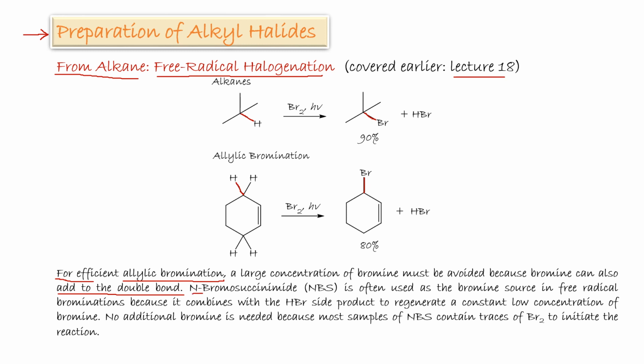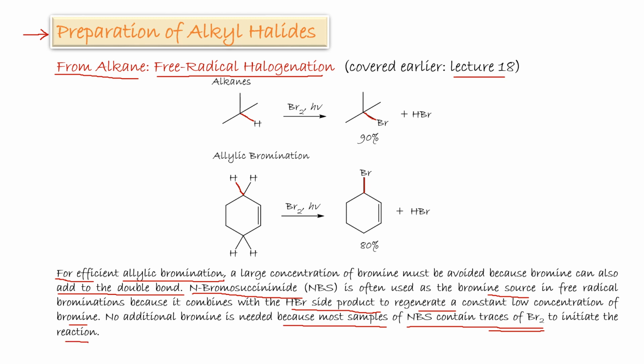N-bromosuccinimide is often used as the bromine source in free radical bromination because it combines with HBr side product to regenerate a constant low concentration of bromine. No additional bromine is needed then, because most samples of N-bromosuccinimide contain traces of Br2 to initiate the reaction.